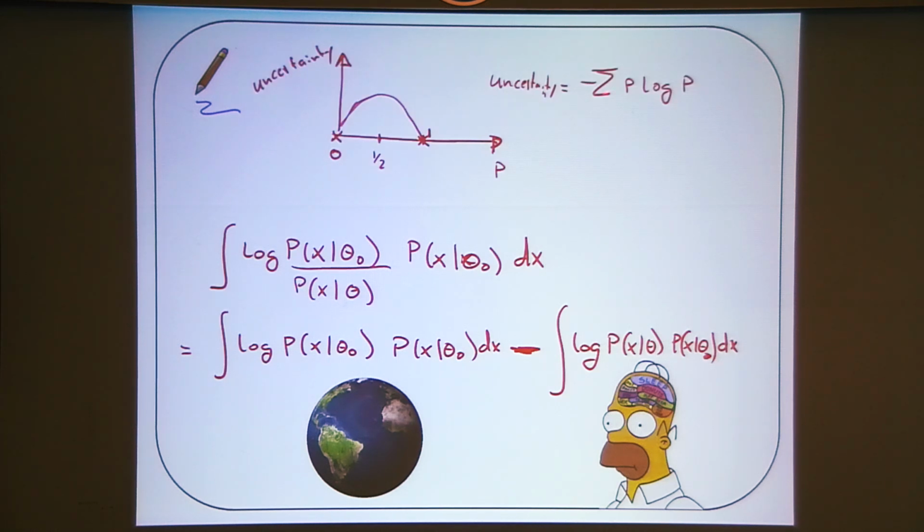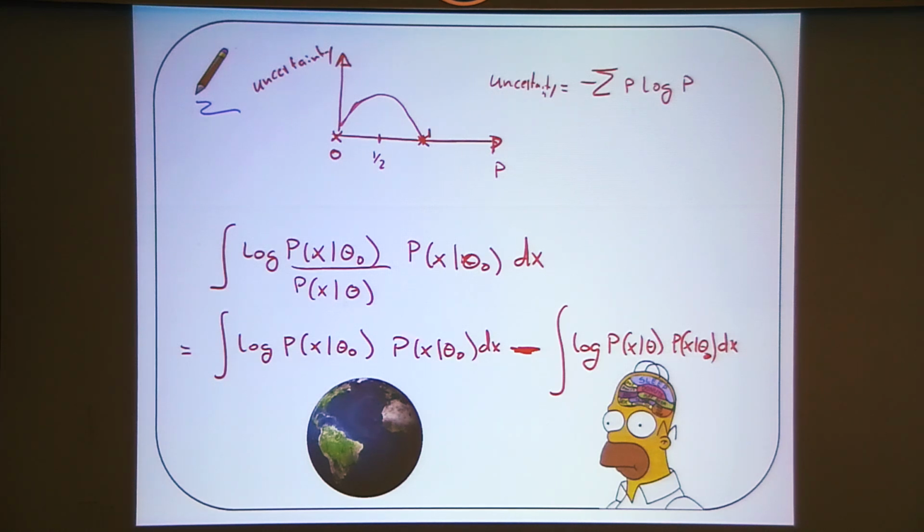It's called the entropy, and it's a way of measuring uncertainty. If you have a coin and you're flipping a coin, if the coin is unbiased, the uncertainty is maximum because it could be heads or tails. And if you put a bit of lead on one side of the coin, then most of the time it falls heads. So as you bias the coin, the uncertainty goes down. So entropy is a measure of uncertainty.